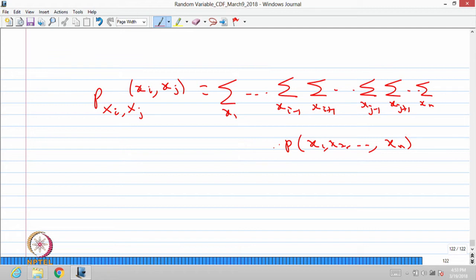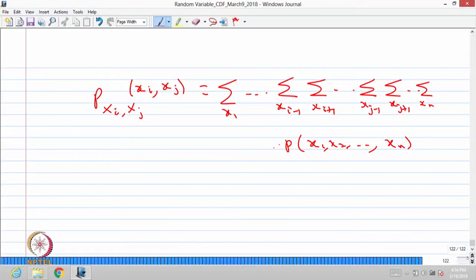That means always from an n-dimensional random variable, either CDF or, if they are discrete type random variables, you can get the lesser distributions jointly by summing over the other variables. So, by doing this again and again, you can get the marginal distribution of one random variable. So, from n random variables, you can get the joint distribution of n minus 1, then n minus 2 and so on. Finally, you can get the marginal distribution of any one random variable.